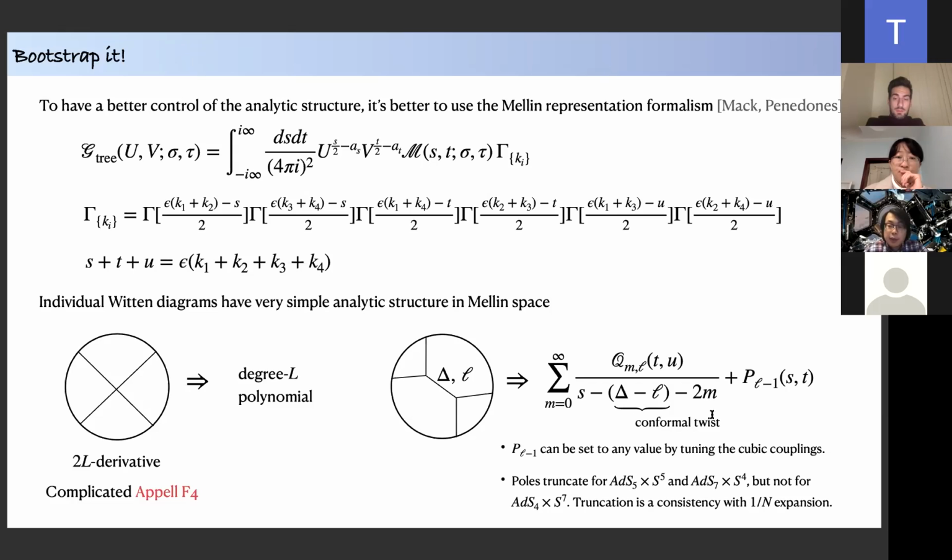And generically, this expression has infinitely many poles, but if the spectrum is special, for example for AdS5 and AdS7, then the infinite series of poles can truncate into finitely many terms. This truncation is a consistency requirement from the 1/N expansion. But this does not happen for AdS4 because it has a different kind of spectrum.